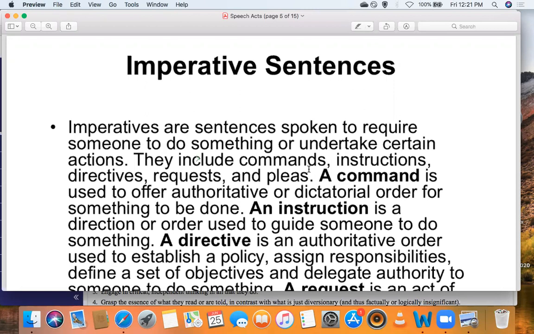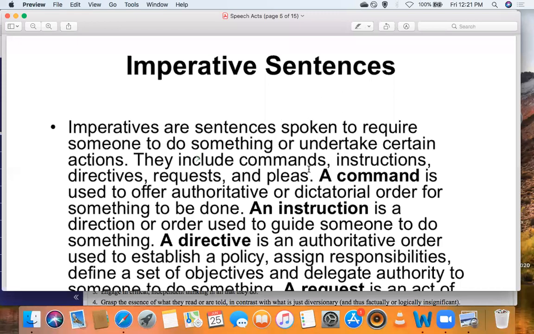So what it means is that we have what we call the hard and the soft imperatives. We have imperatives that sound hard, and then we have the ones that are provided softly. The hard imperatives are the commands and the directives.